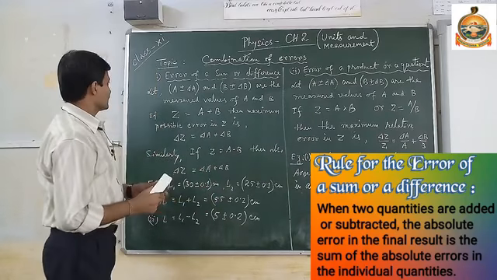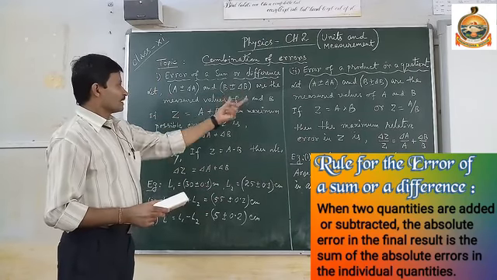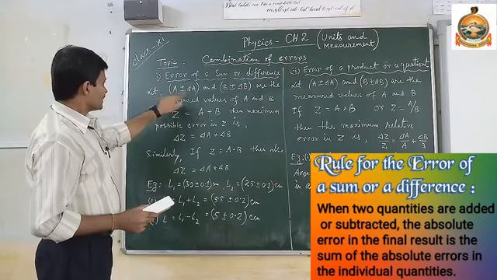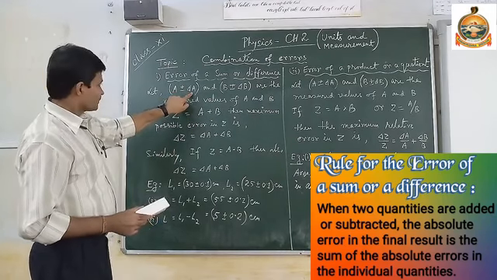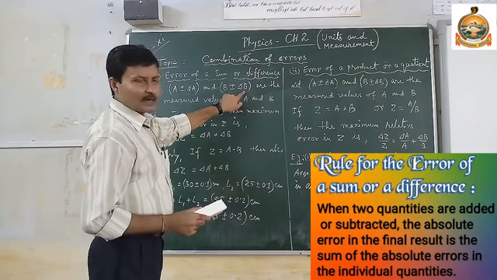See here, these are the two measured quantities A and B. A is the true value and delta A is the absolute error. B is the true value and delta B is the absolute error.